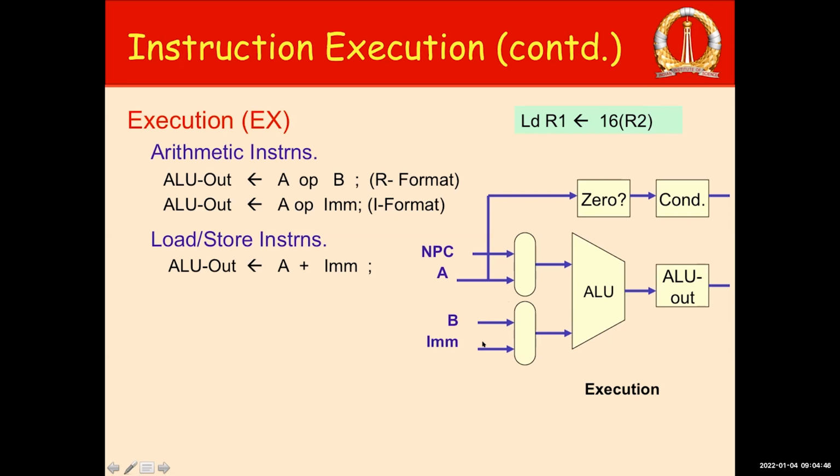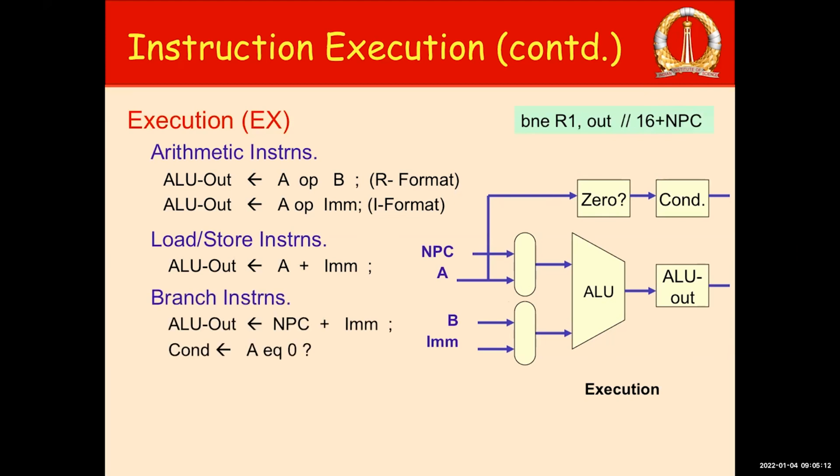Those two would be added and the effective memory address is calculated, and that value will be saved in the ALU out register. We still haven't performed the memory operation, which will be performed in the subsequent stage. So for the load store operation, the effective address calculation is what happens. I have given you the example of load. Store is very similar.